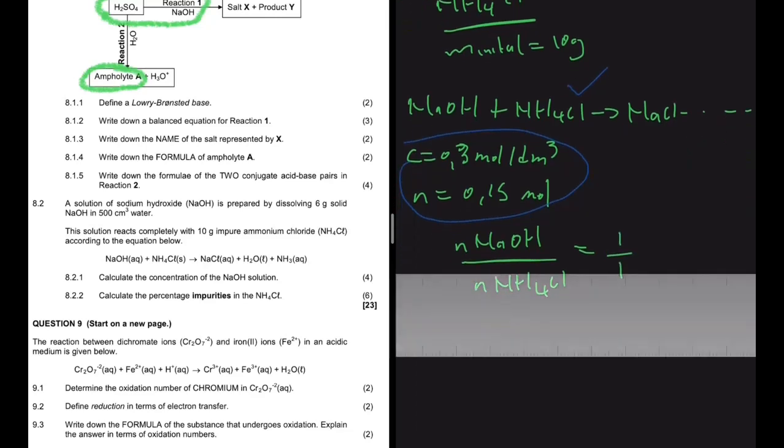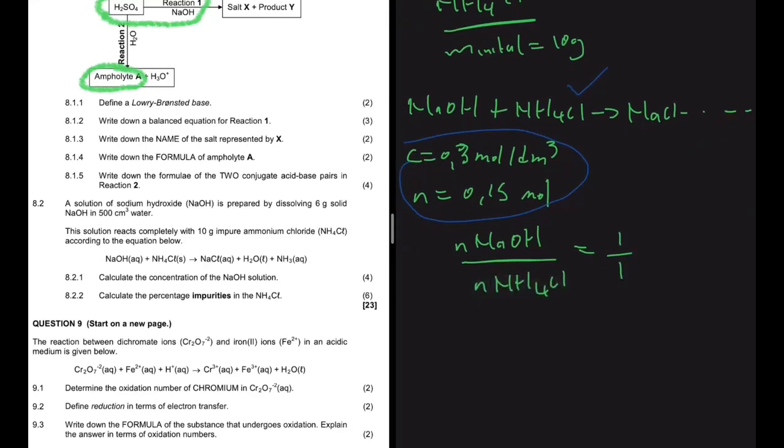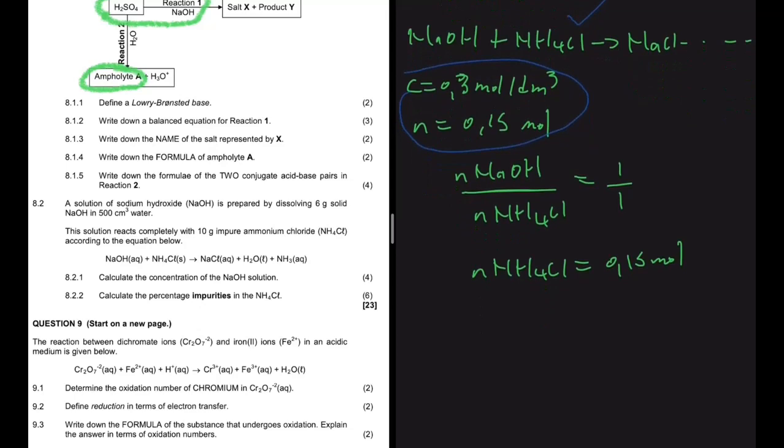So now we're going to cross multiply. The number of moles of NH4Cl will be equal to 0.15 moles, the number of moles of NaOH, multiplied by 1. So now we have the number of moles of NH4Cl. We can then find the mass of the NH4Cl that reacted, right? So the mass is given by the number of moles multiplied by the molar mass.